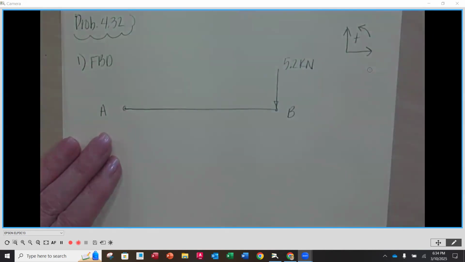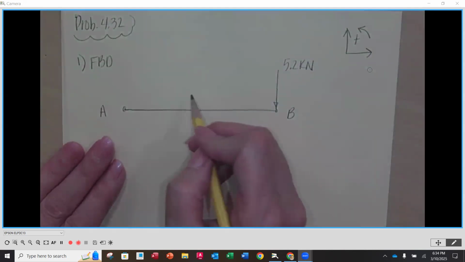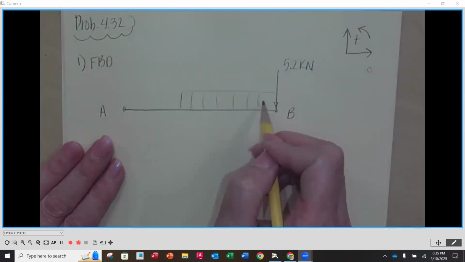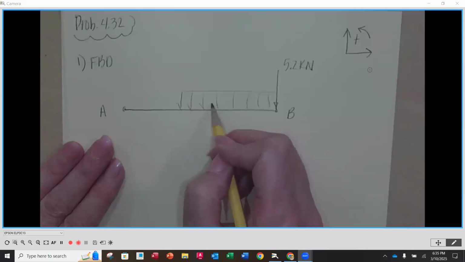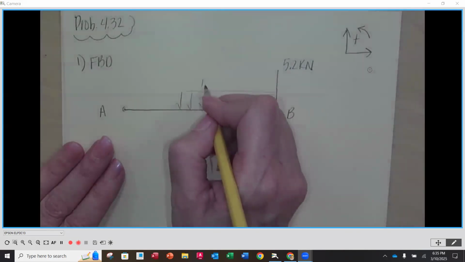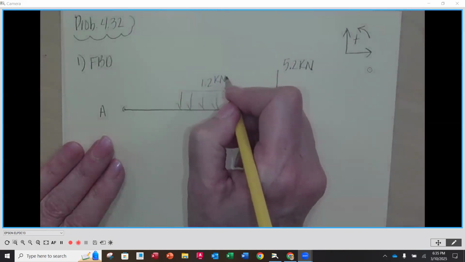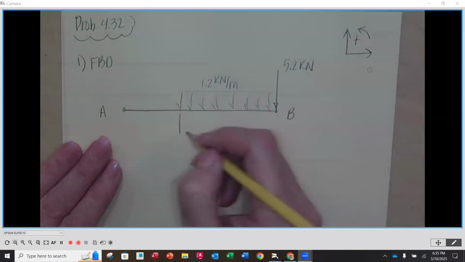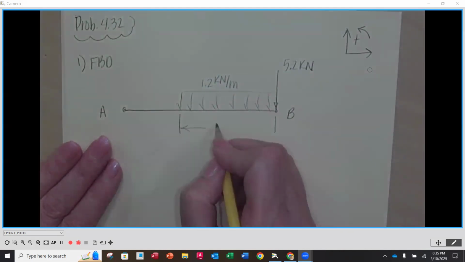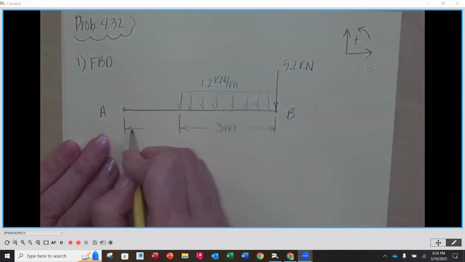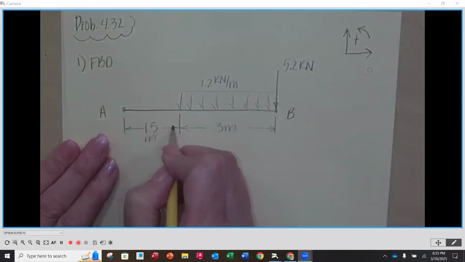And then you're going to notice that we have a distributed load right here. Now for that distributed load, I'm going to put these little vectors there. That distributed load is 1.2 kilonewtons per meter. As we look at our dimensions, that is distributed over 3 meters, and from A, it's located 1.5 meters away.